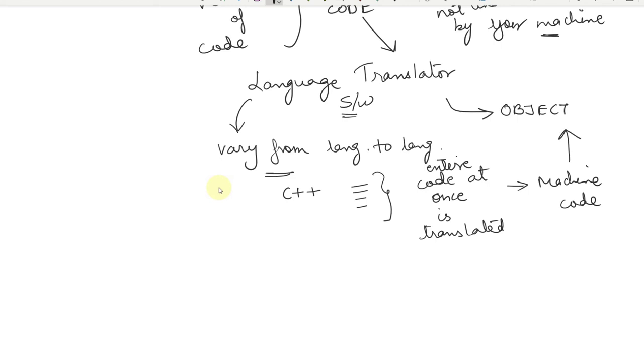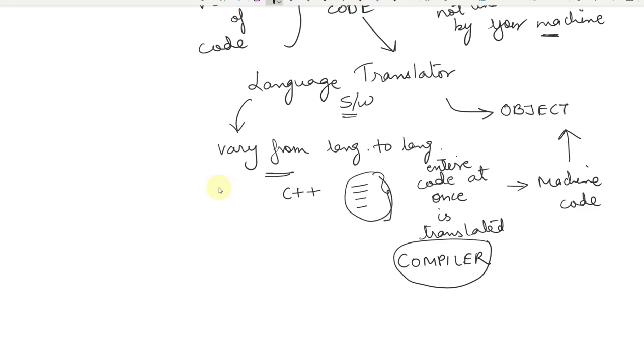So this is translated all at once. What is the language translator used in this case? It is called a compiler. A compiler is a language translator which translates the entire code at once.